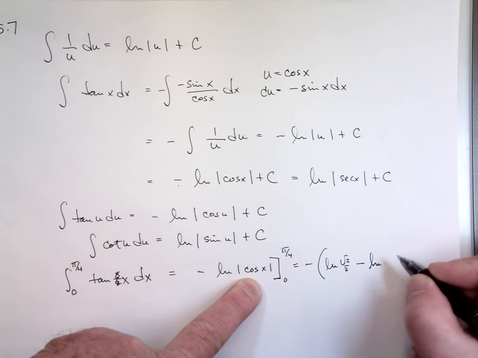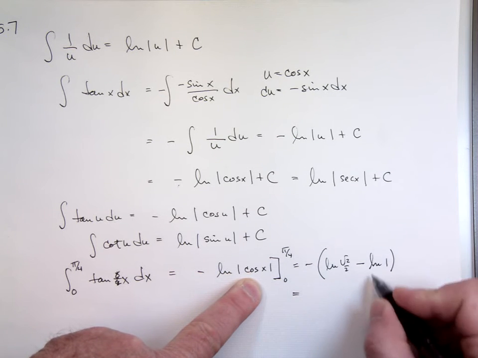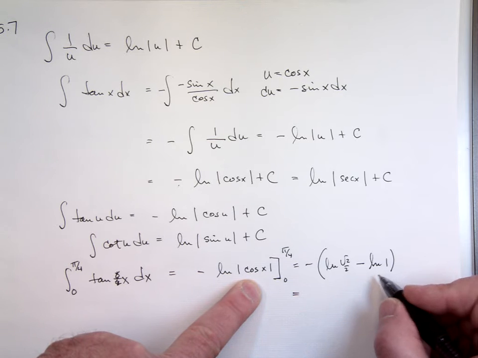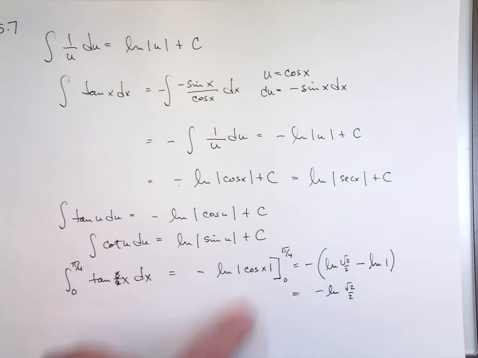Good. But what's the natural log of 1? 0. Good. So you end up with a negative natural log square root of 2 over 2. It's kind of an easier one, but I got to tell you, that's the kind of thing you'll see on the test. That's a possible test question.